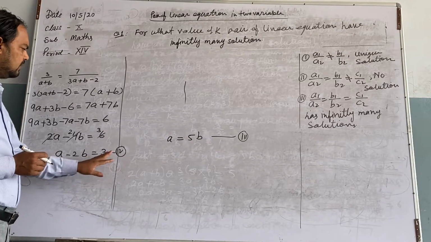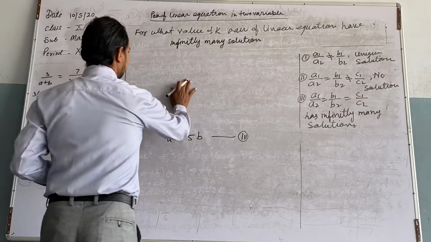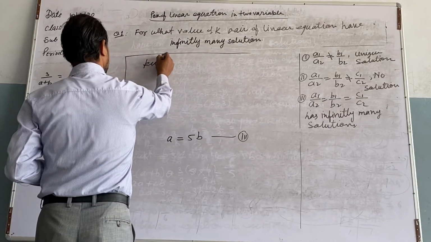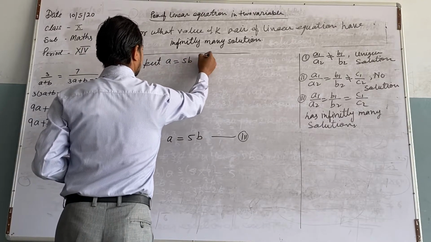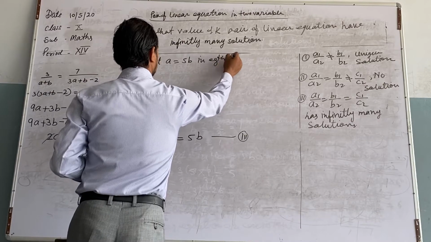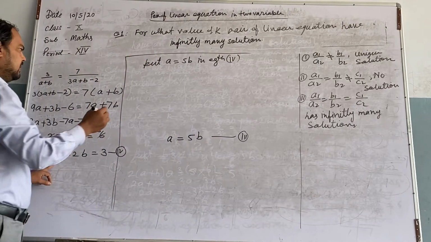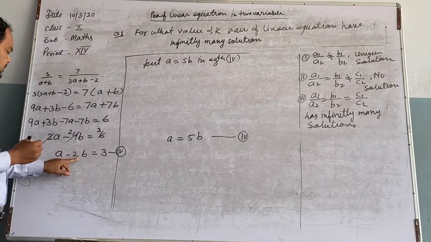Now put the value of a equal to 5b in equation 4. In equation 4, what is it? It is a minus 2b equal to 3.